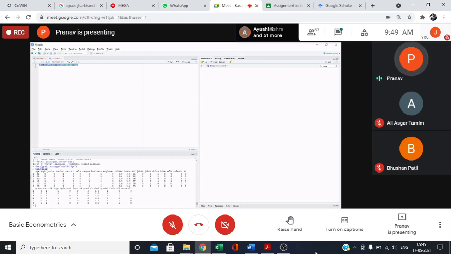So you see, there are so many variables in this GPA data set. But if you see the example, they have only talked about this portion: college grade point average, high school grade point average, and achievement test score. So precisely, we want to extract this part of the entire data set. Just a second, guys.